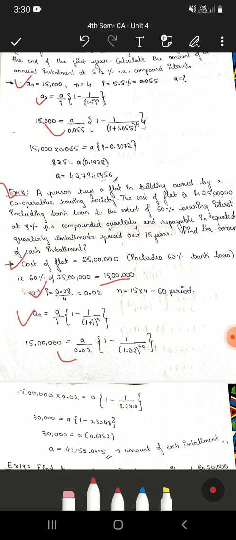Instead of that you can use the concept of logarithms: take x equal to 1.02 whole raised to 60, apply log on both the sides. So you get log x equal to 60 into log of 1.02. Find out log of 1.02, multiply with 60, take the antilog of that value, and you get the answer for x.